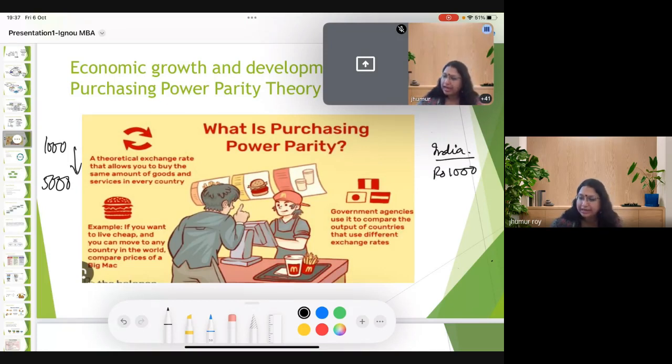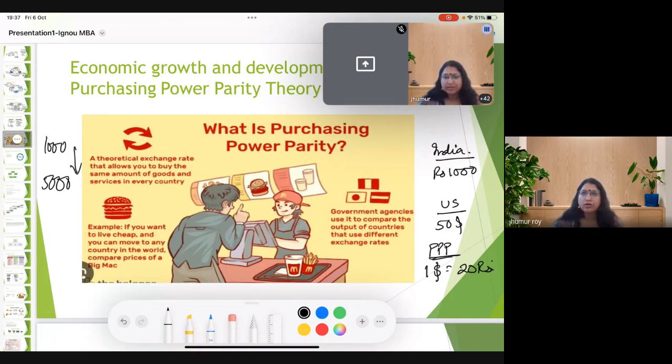Okay, and in the US it's costing you $50. So here you will say the purchasing power parity is $1 is equal to 20 rupees. Is it clear? So that is the difference. $1, the rate of exchange that I have decided is rupees 20.